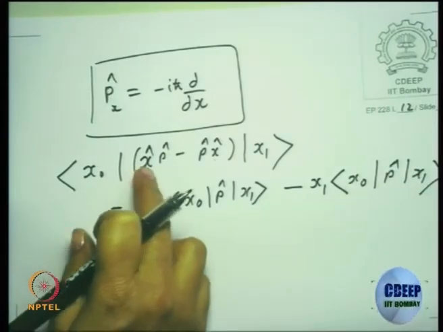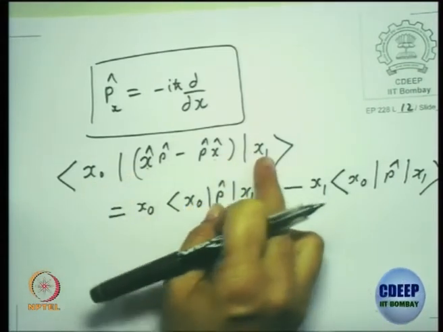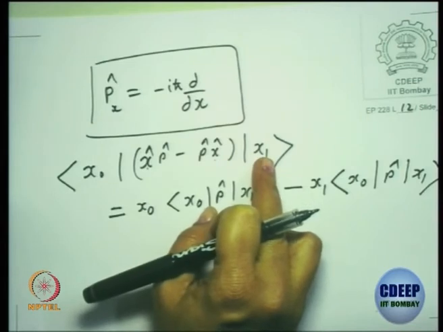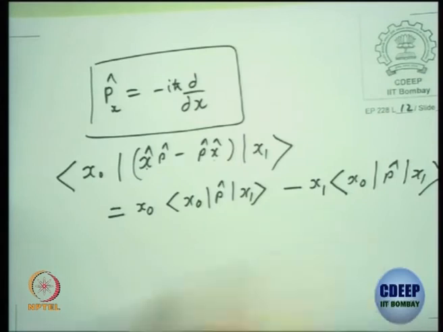The extreme left hits the x0, the extreme right operator hits the x1. So the second term already has a minus sign. So this is what you will get.